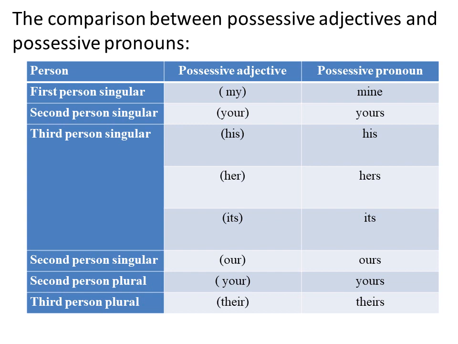My, possessive adjective, first person singular, and mine, the possessive pronoun. Your and yours. His house, and the possessive pronoun, this house is his. Then you have her and hers, its, our and ours, your and yours, their and theirs.